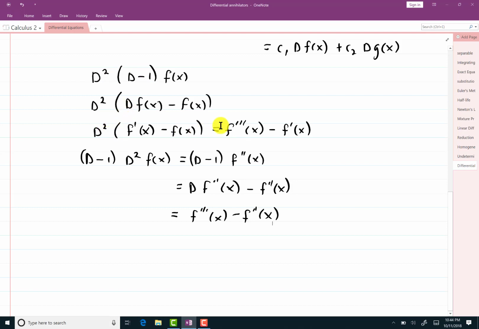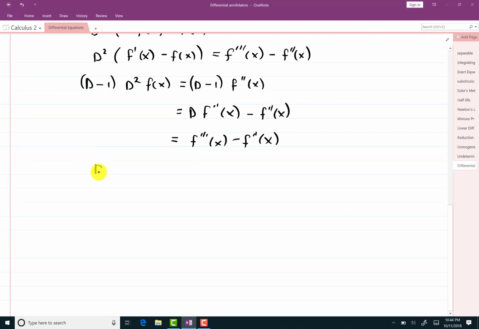And I didn't do enough derivatives here. I did 2 derivatives more than the one that was given there for this one, but I forgot to put a second derivative on this. The only reason I discovered it is because this thing is equal to this thing, and I knew that they should be. In other words, we could say that D squared times D minus 1 equals D minus 1 times D squared. In other words, they commute, just like ordinary arithmetic.